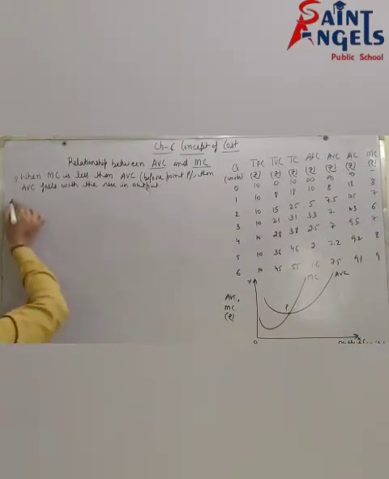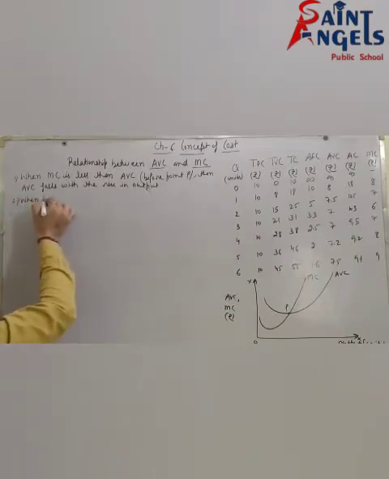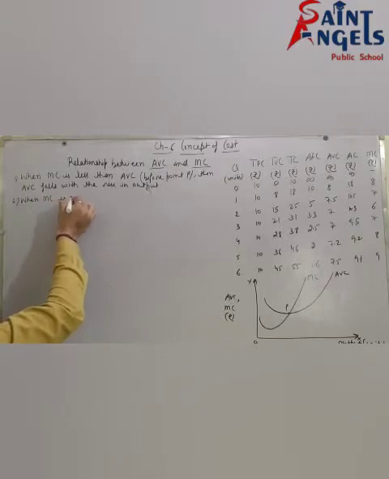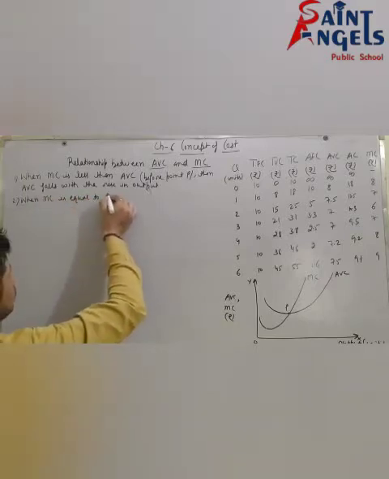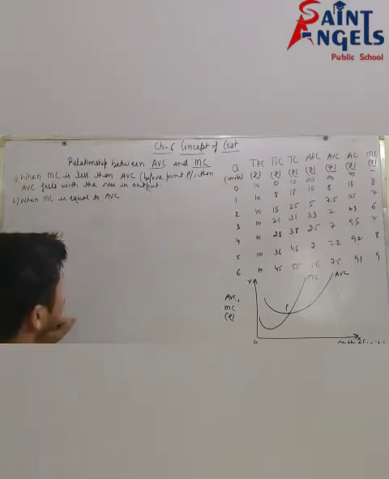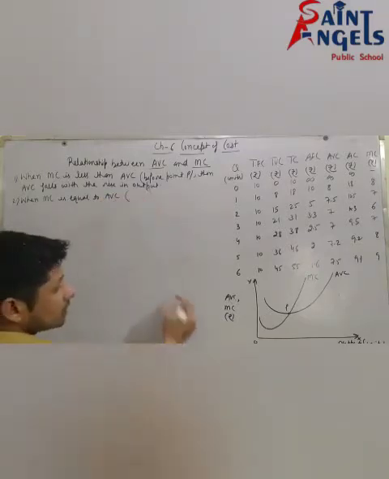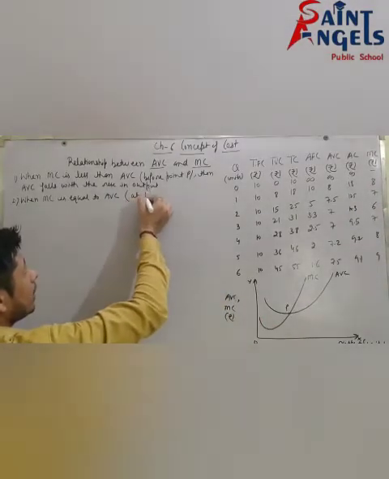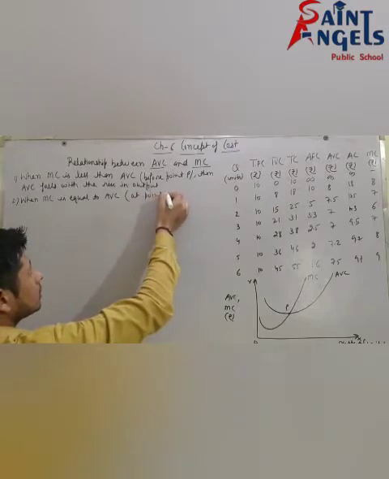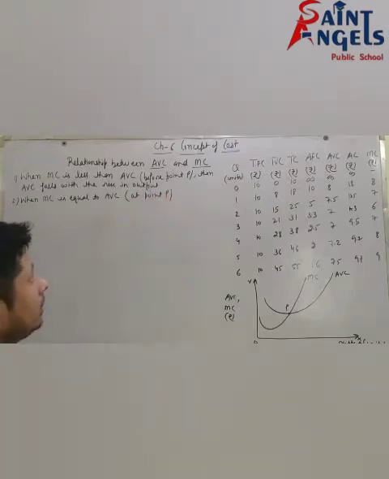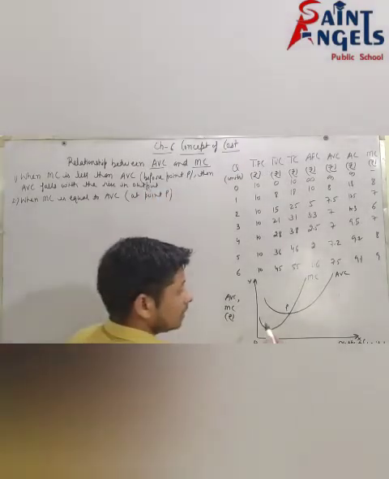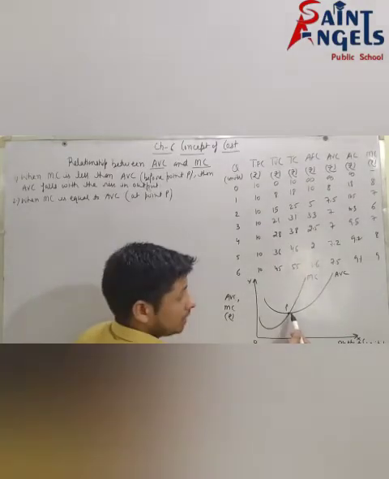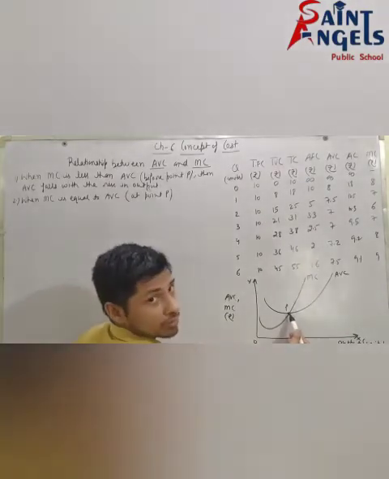See next. When MC is equal to AVC at point P, then AVC will be at its minimum point.